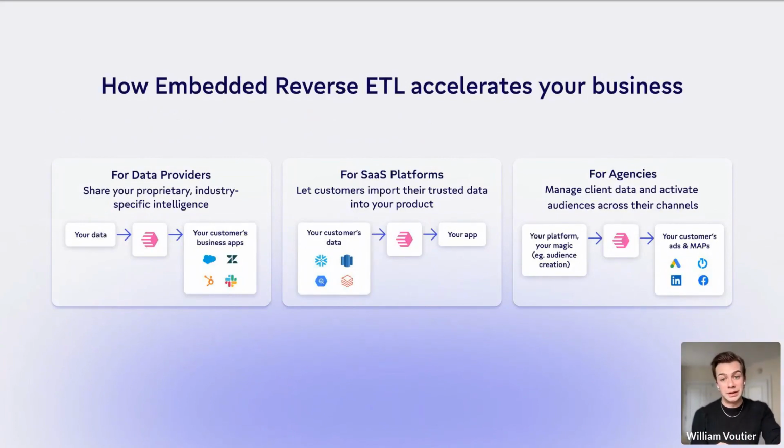Now they can actually build a native warehouse connector and make their product warehouse native. And so people are using Census Embedded for that. And lastly, we have agencies where the state of the art for them has been telling their customers, okay, now download a CSV file of this audience that I built and upload it to this advertising platform. And so now Census Embedded is helping them.